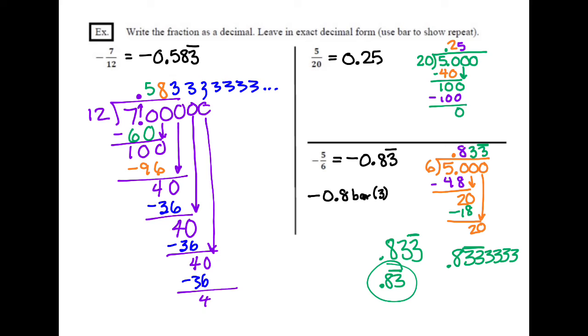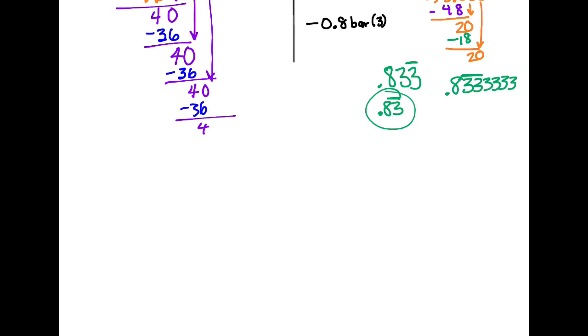Okay? If for some reason, and it can happen, you have a number that looks like this, 0.454545. You would write that as the 4 and the 5 repeat, so you can put the bar over both of them.